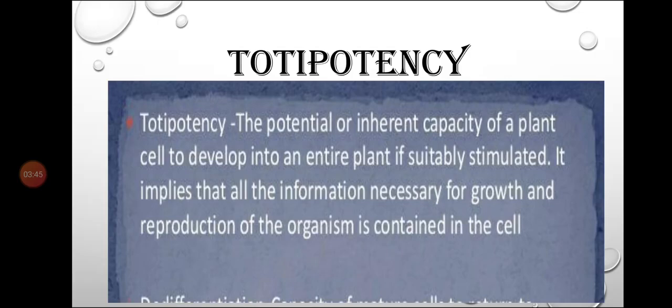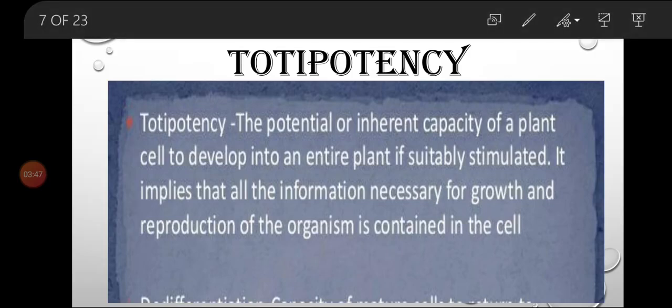This implies that all the information necessary for growth and reproduction of the organism is contained in the cell. Inherent means the ability is there inside the cell. It is the inherent ability of a living plant cell to grow, divide, redivide and give rise to a whole plant.